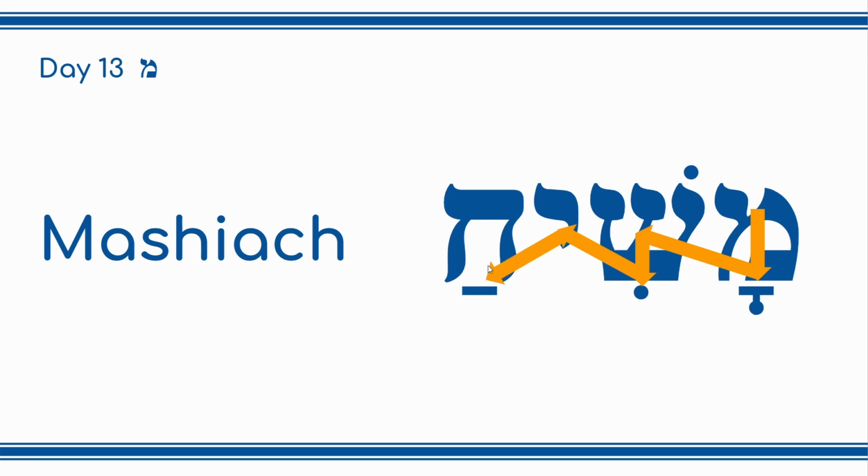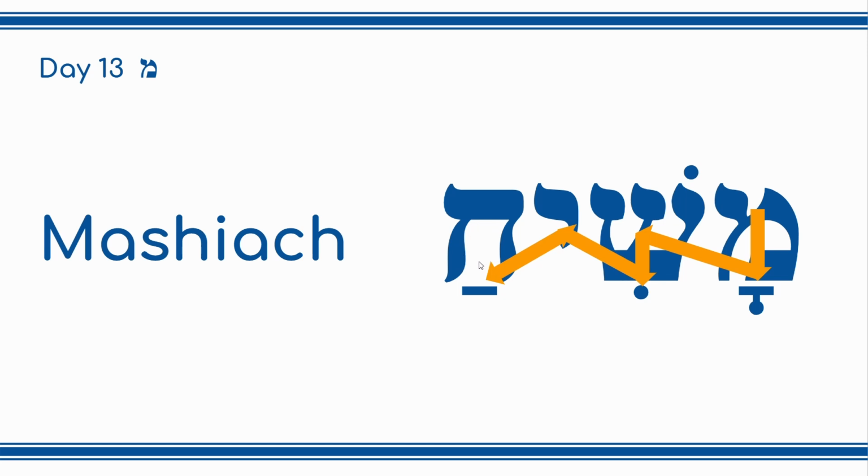Okay, so now we're going to look at the next thing, and that is this vowel here. You would think you would have to go to the consonant, but you actually have to go to the vowel first for this one, because this is called a furtive patach. It happens when you have chet and patach at the end of the word, and it can also show up with the letter ayin.